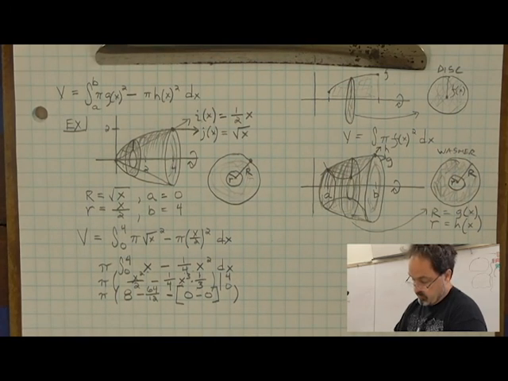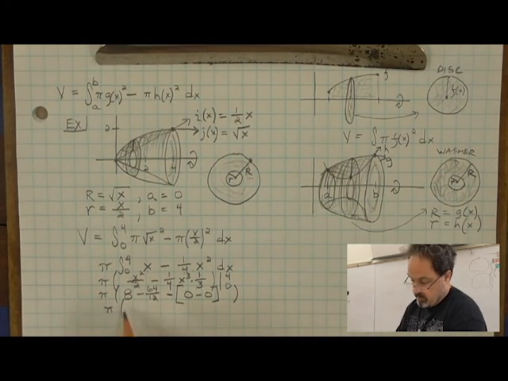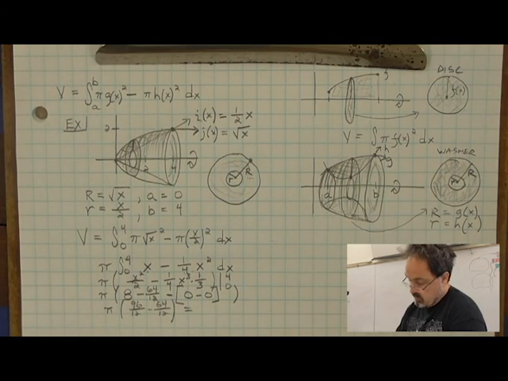I prefer to convert the 8 to 12ths. So I get pi times 96/12 minus 64/12, and this will be 96 minus 64, 32/12 times pi.